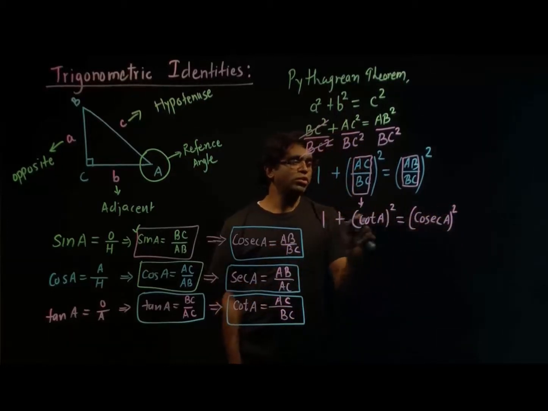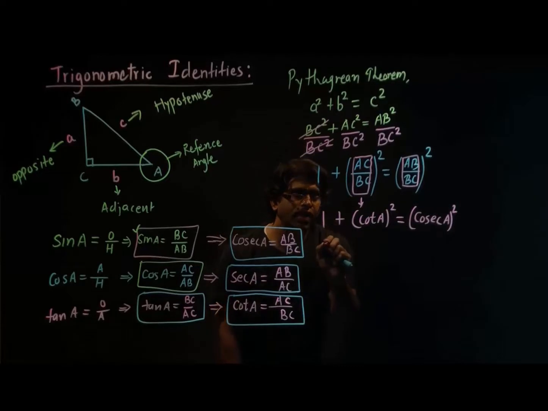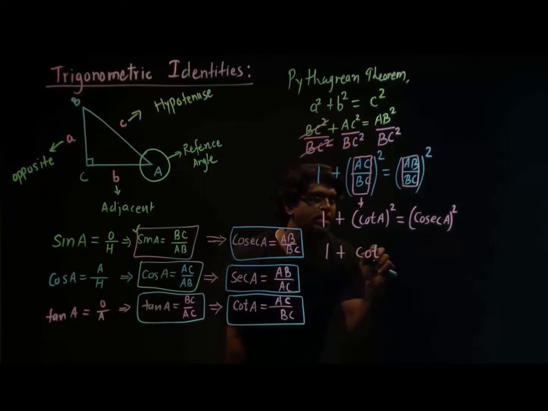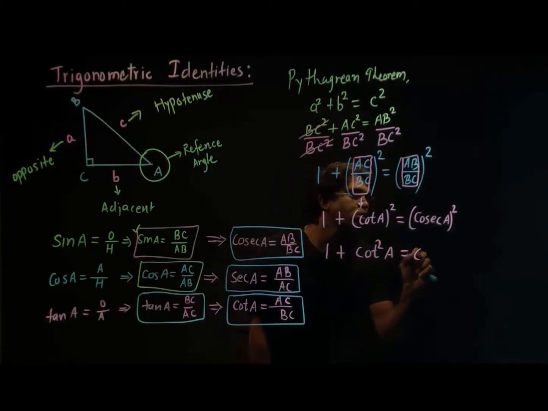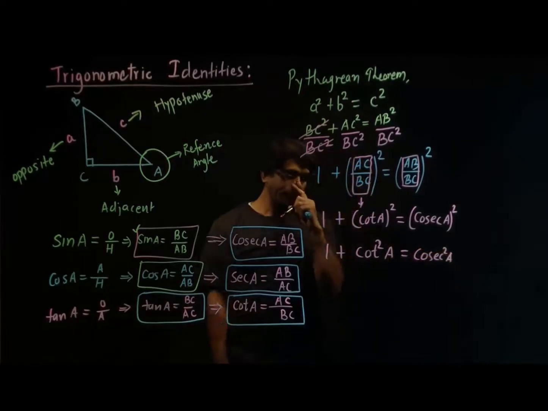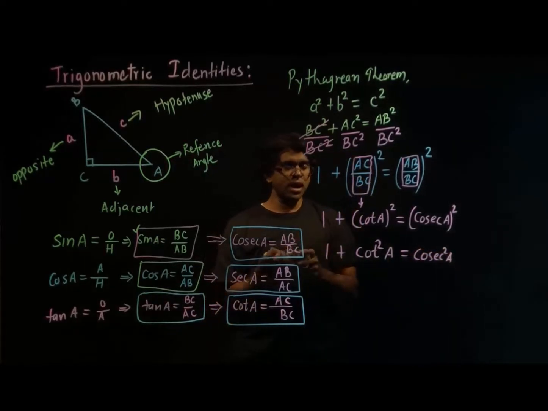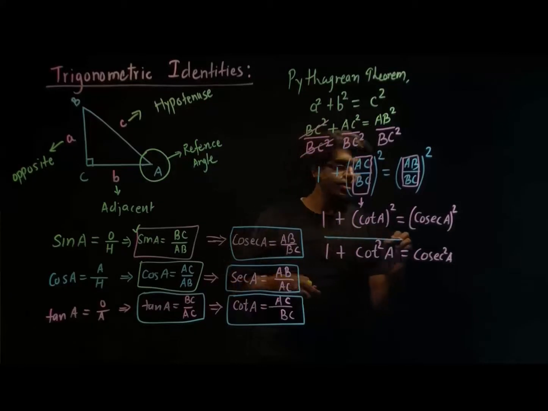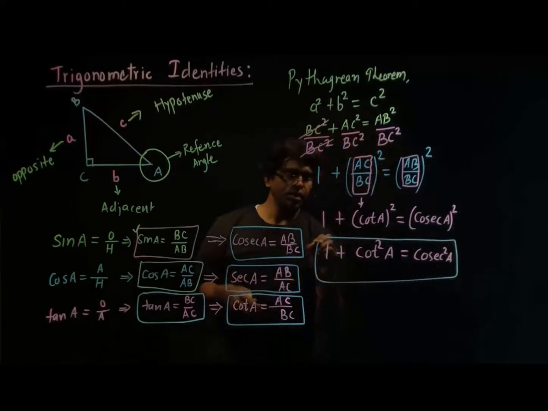Now I'm going to simplify further, and if I do that, I have 1 plus cotangent square A is equal to cosecant square A. And this is my second trigonometric identity.